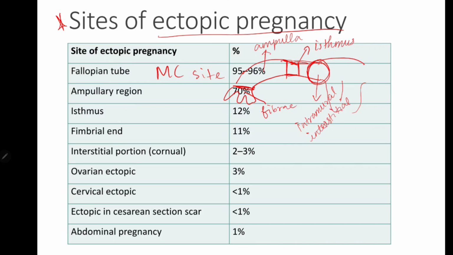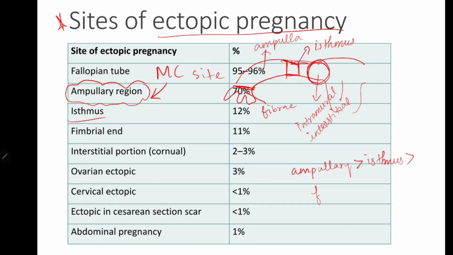Now, amongst these, the most common site in the fallopian tube where ectopic pregnancy takes place is going to be your ampullary region, the widest portion, and the next one is going to be your isthmus. So first is ampullary, following which it is your isthmus.